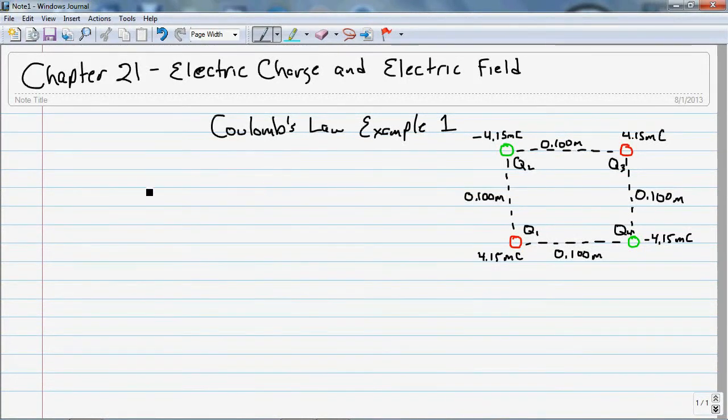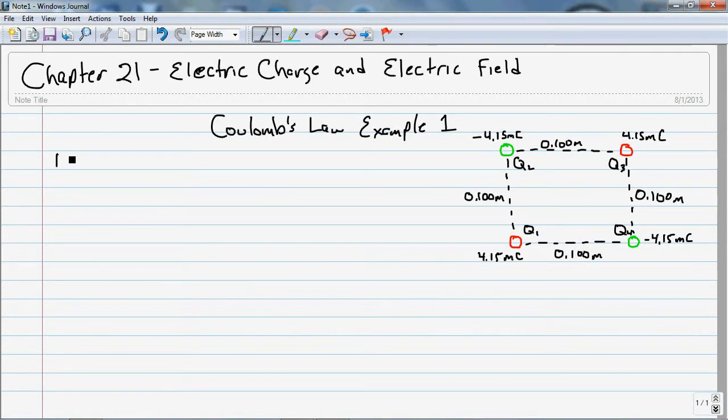Now the first relationship that we can come up with, if we look at all of the charges and the distances, is that they are symmetric. And so this allows us to make this statement.